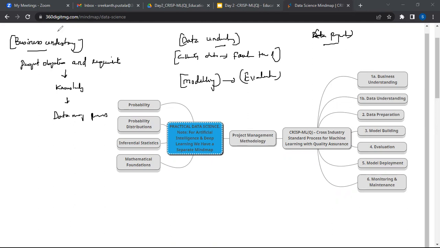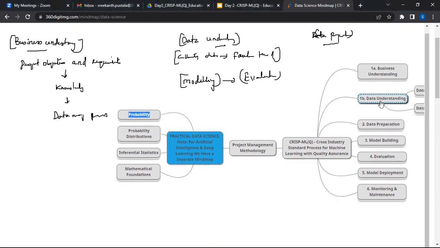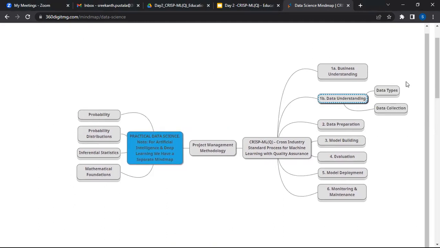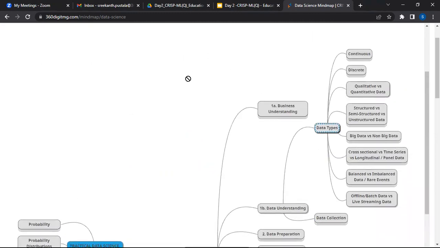So when it comes to data understanding, we have two data types mainly. One is the continuous data type and the other is the discrete data type.